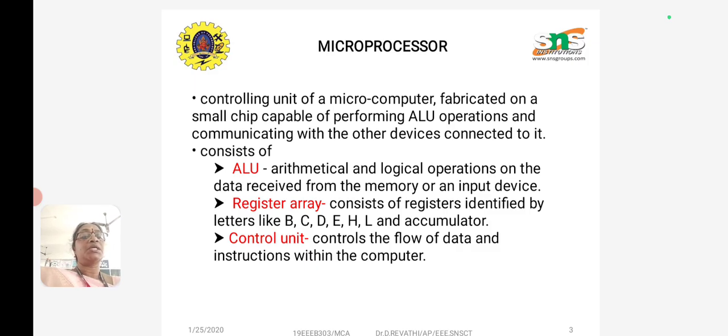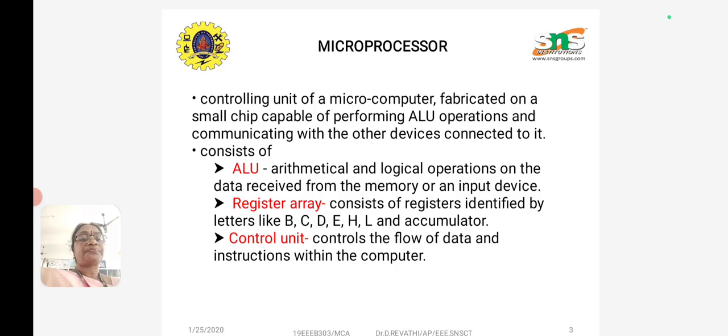Logical operations, as you already studied in digital electronics, are the types of gates: AND gate, OR gate, NOT gate, exclusive OR gate, etc. Those are the logical operations on the data received from the memory or input devices.